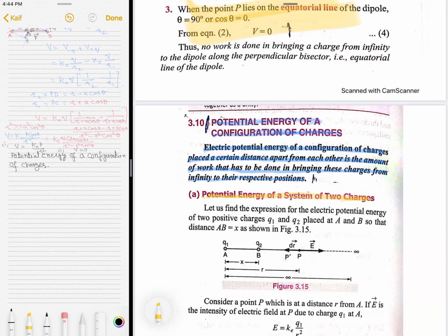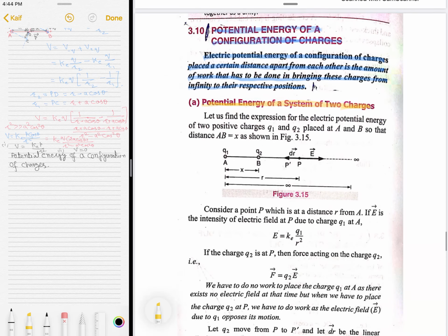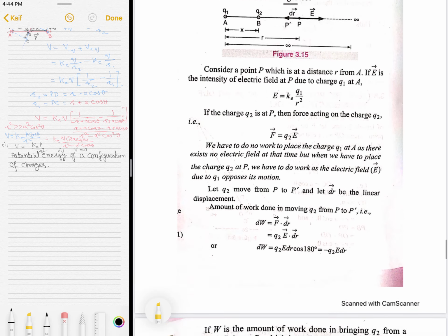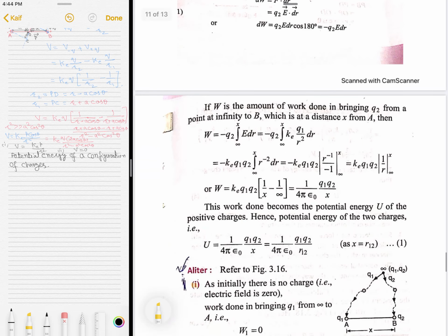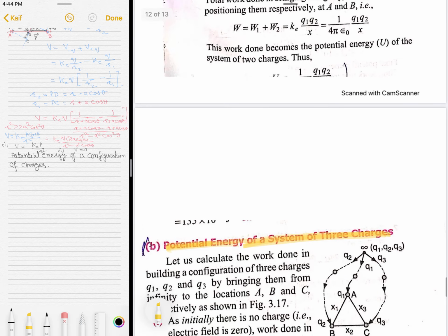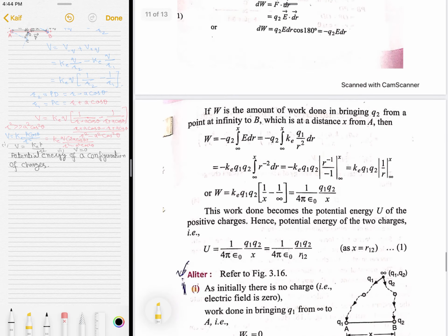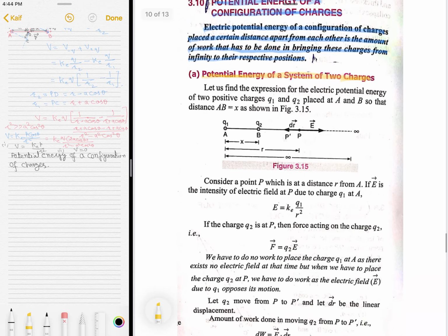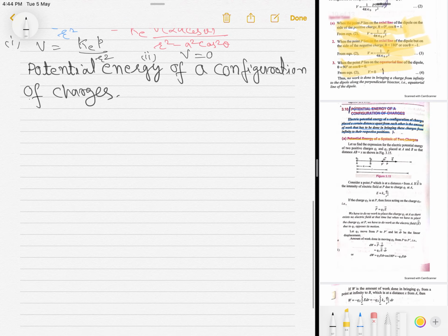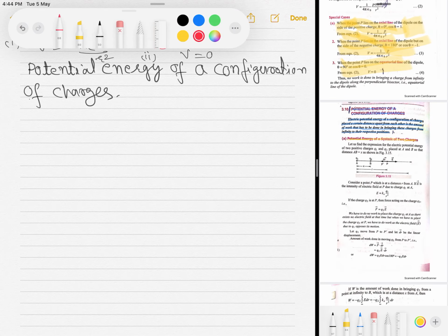In other words, to assemble a system of charges, putting them at some finite distance, the work done in assembling the system of charges is equal to the electric potential energy. So, here I will discuss how to assemble a system of charges.